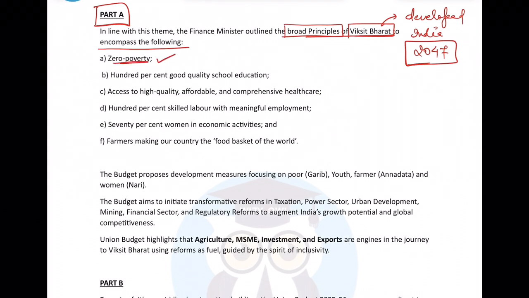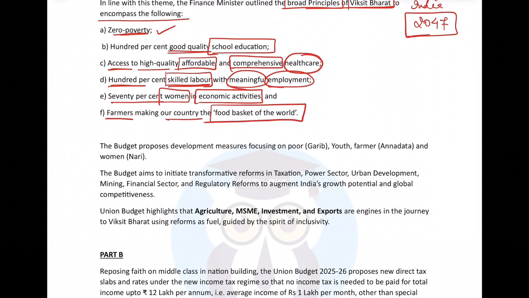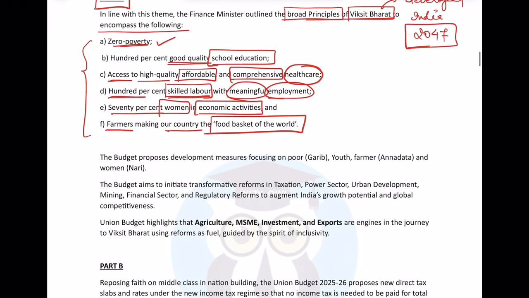Zero poverty, 100% good quality school education, access to high quality, affordable and comprehensive health care, 100% skilled labor with meaningful employment, 70% women in economic activities, and farmers making our country the food basket of the world. So these are the six broad principles.